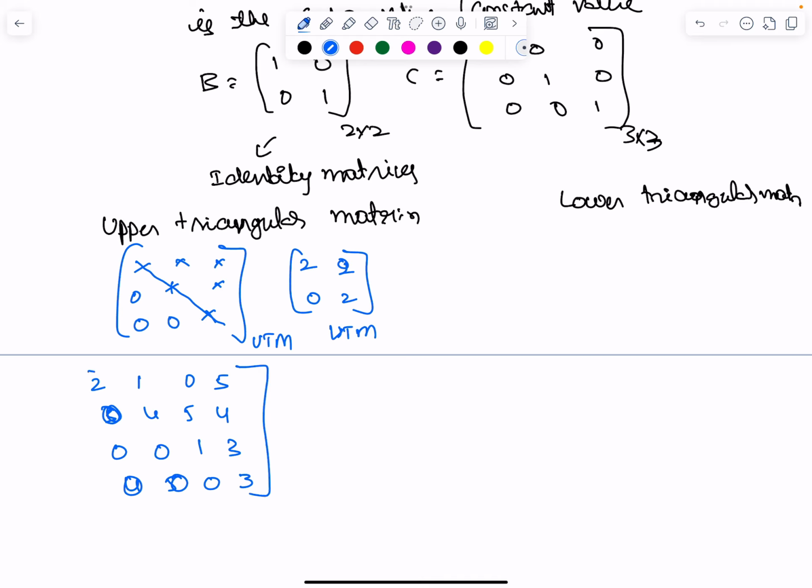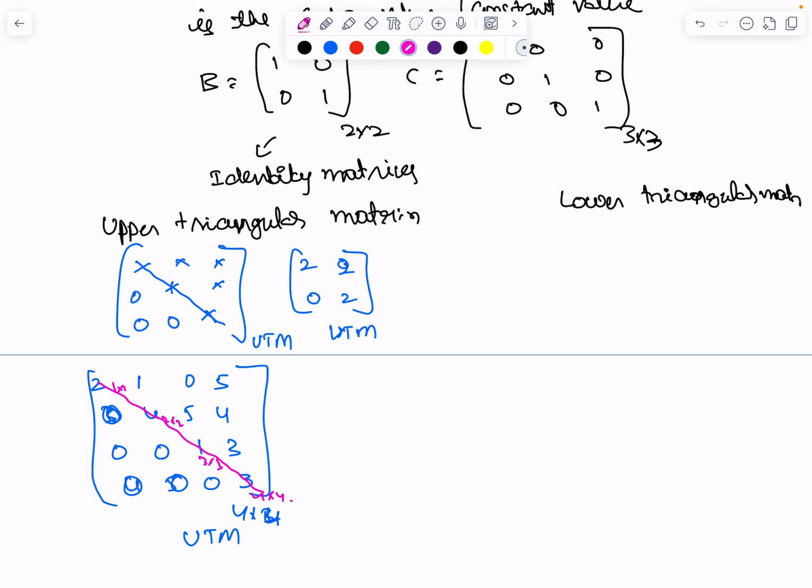Suppose this is one upper triangular matrix. Of course, it is a 4 by 4 matrix. So this diagonal is 1 by 1, 2 by 2, 3 by 3, 4 by 4. Whether these are non-zero or not, in the entries above you should have some non-zero entries.